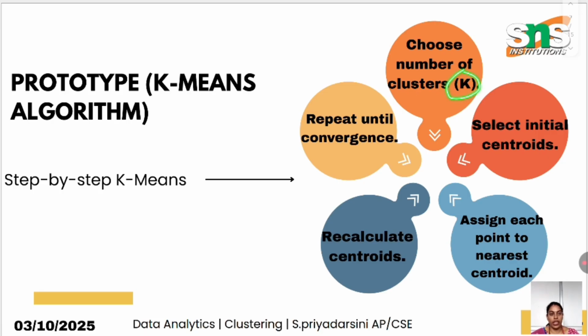Next, pick the initial centroids. Then assign data points to the nearest centroid, recalculate the centroids, and repeat this until a stabilized clustering is formed. It is simple, but surprisingly powerful in practice.